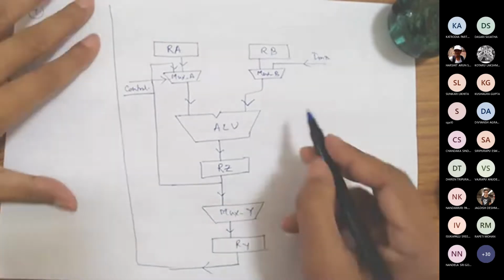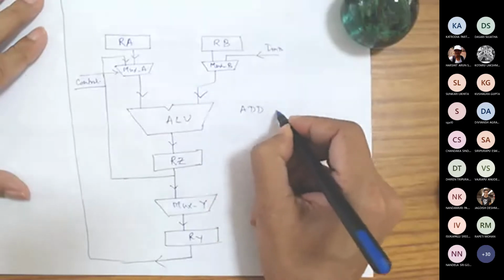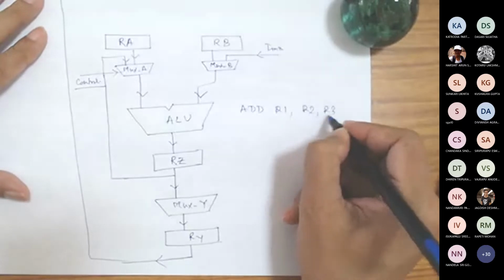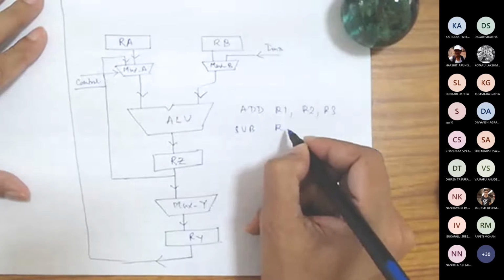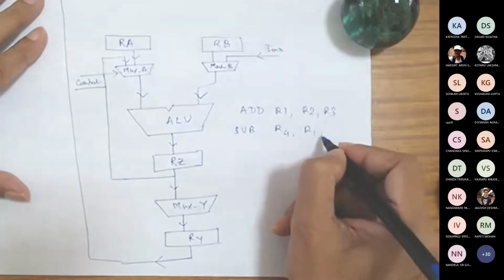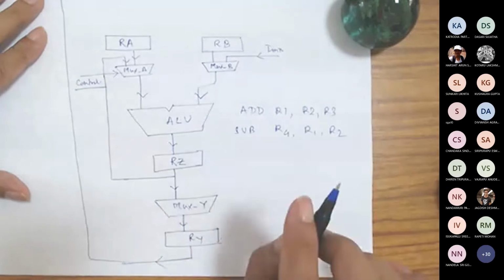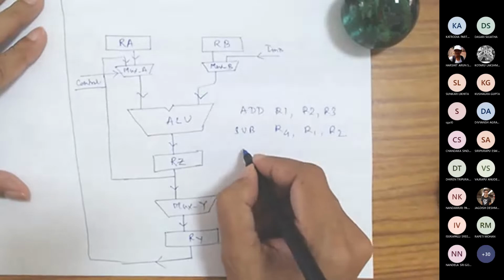So in the previous example, when we took add R1, R2, R3, then sub R4, R1, R2, what does it need to do? It needs to simply do the operations like this.